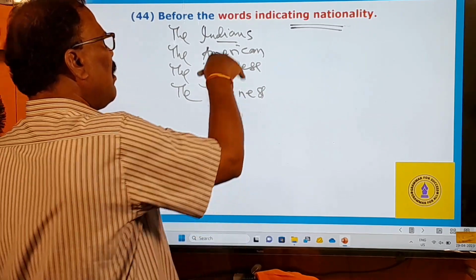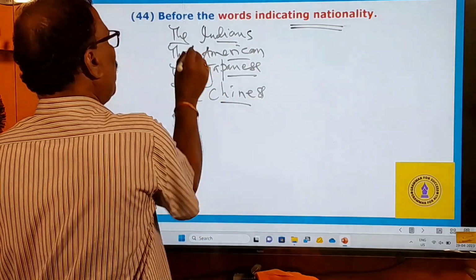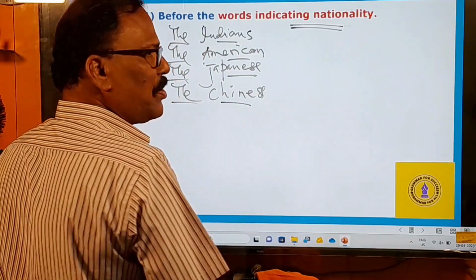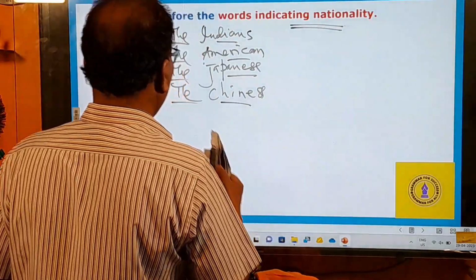These are all words indicating nationality. Therefore, before them we must use the definite article. Let us see the examples to understand it more clearly.